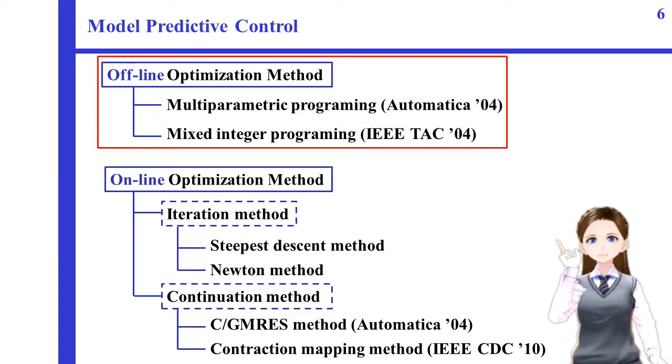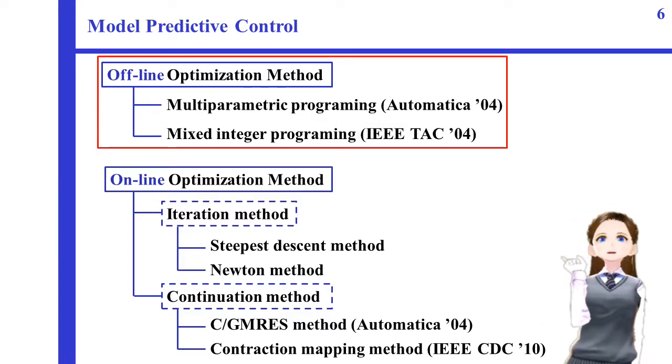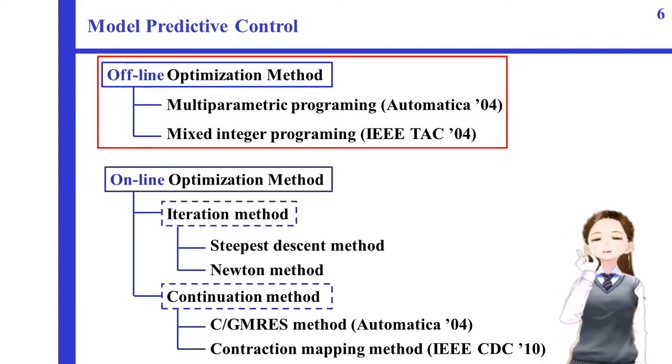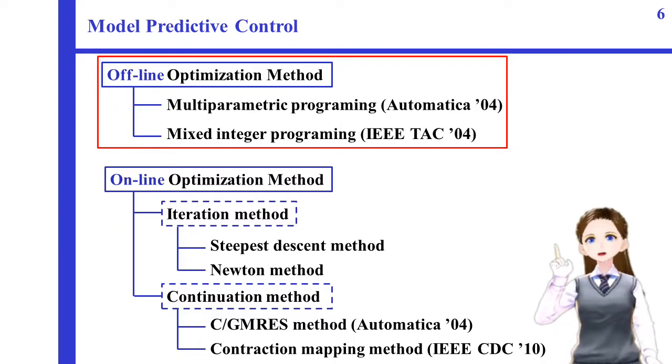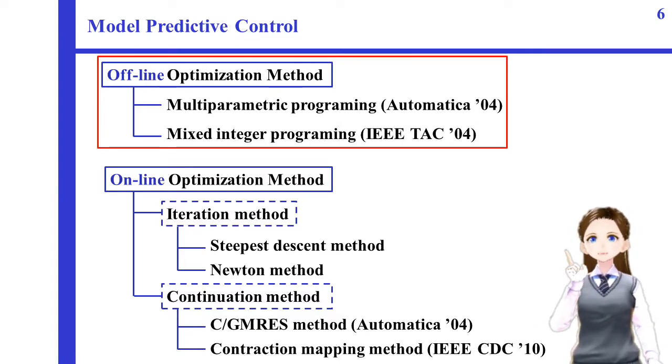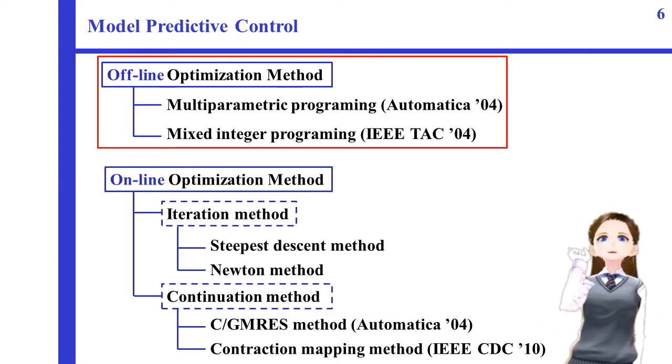Actually, these methods are unsuitable for solving the optimization problem of high-dimensional systems. Spatiotemporal dynamic systems usually result in high-dimensional systems through a finite difference approximation. Hence, it is inappropriate to apply these methods to spatiotemporal dynamic systems.